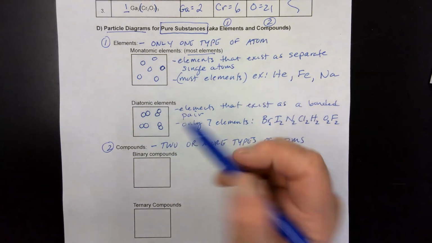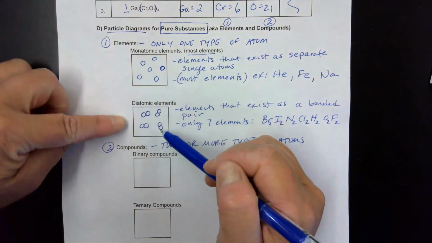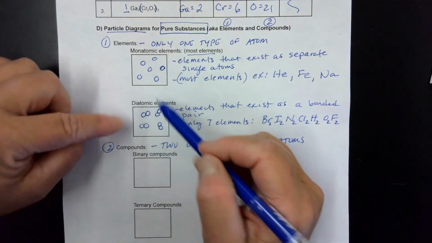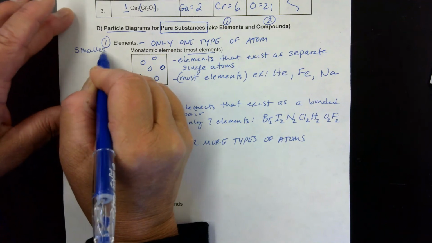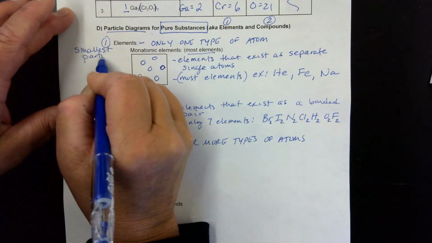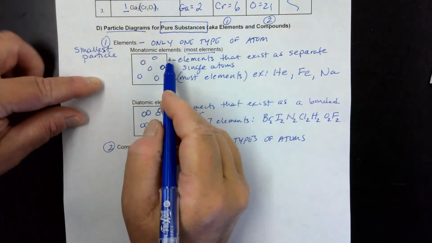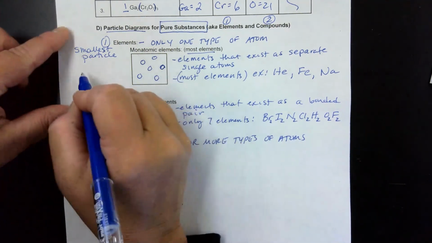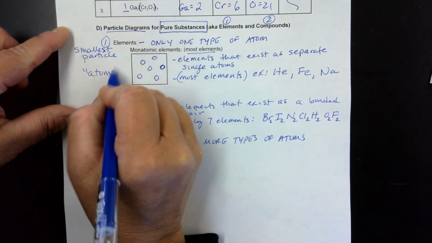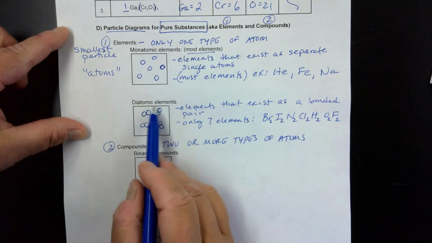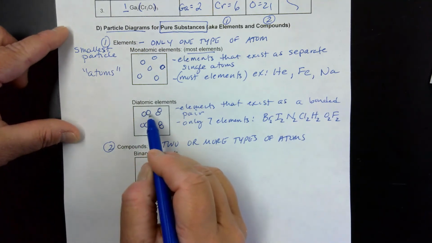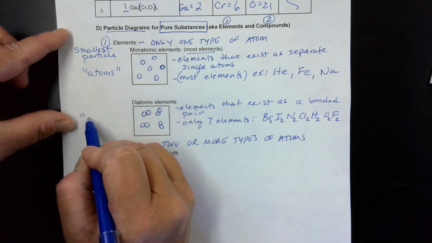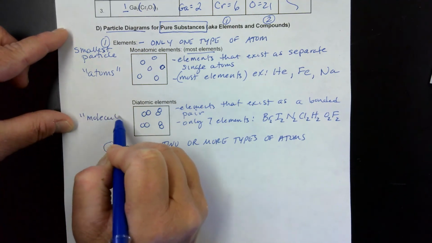Okay. So the difference here between monoatomic elements and diatomic elements is the smallest particle. In monoatomic elements, these individual smallest particles are called atoms. In a diatomic element, these individual particles that exist separate from one another, they're not atoms, they are called molecules.